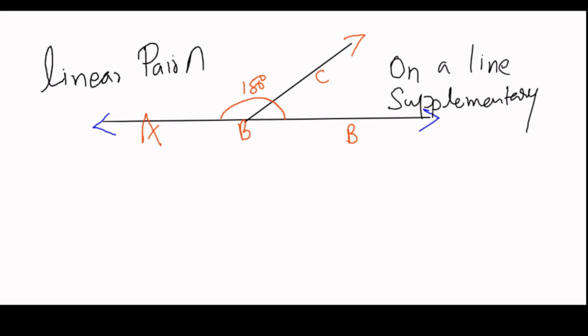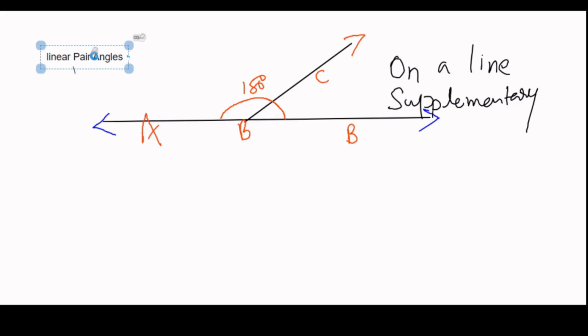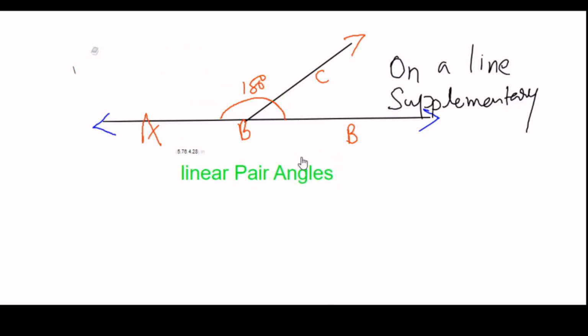Linear pair means a pair of angles on a line. In this case, linear pair of angles are supplementary. That is what is already known to you. Linear pair angles are supplementary because on a line we know that the angle will always be 180 degrees at any point on the line.